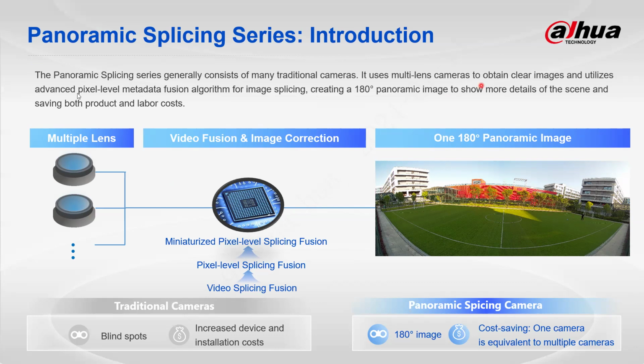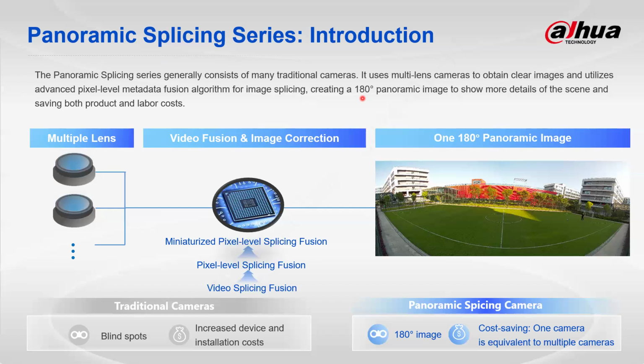This technology is what's going to be used to ensure that the two lenses' images can be spliced together so that you can have a complete seamless wide angle image. They're going to create 180 degrees at the same time. It's going to show you more details of the scene, saving both product and labor costs.